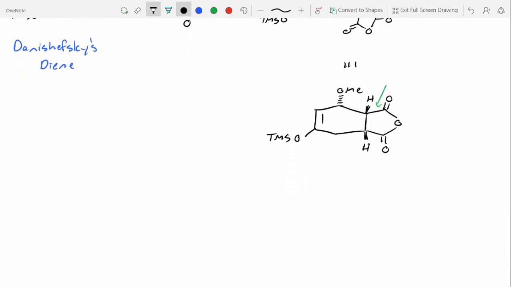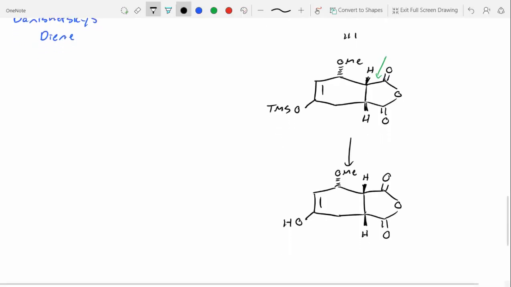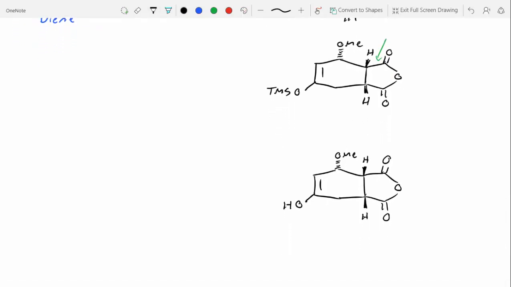Okay, and then I said that this TMS group likes to fall off. And if it falls off, it forms an alcohol. And your product looks more like this. What do you think happens with this product?